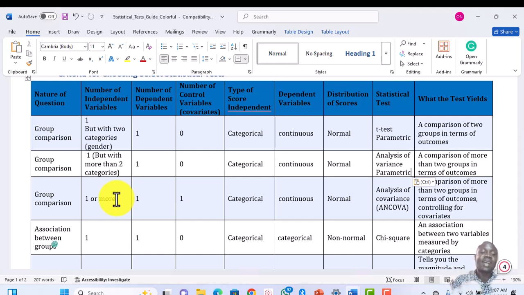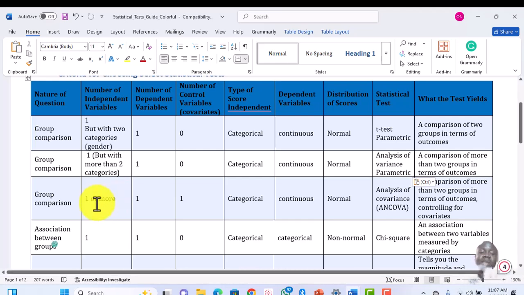The treatment can have one group that is taught in a particular way, another group that is taught in a particular way. So when we have a pre-test and a post-test, we are comparing the two. We will now need the analysis of covariance.